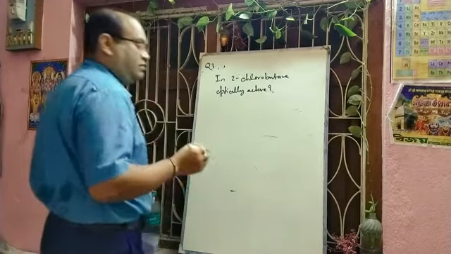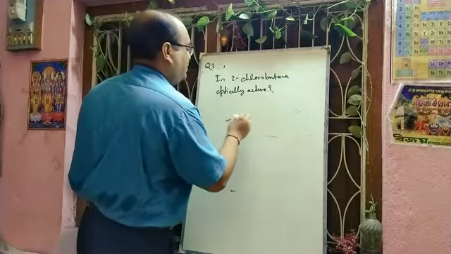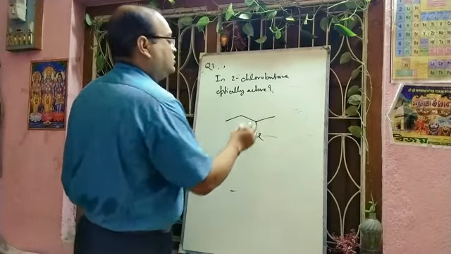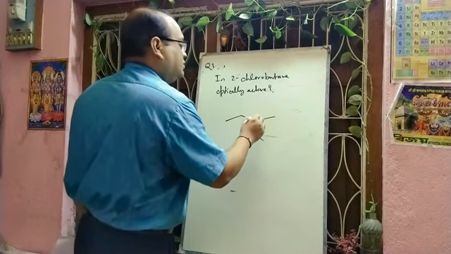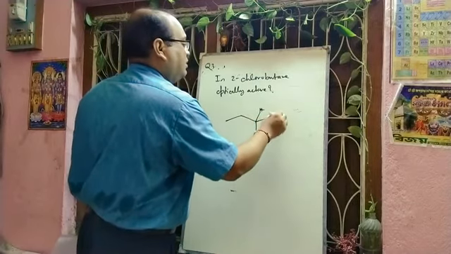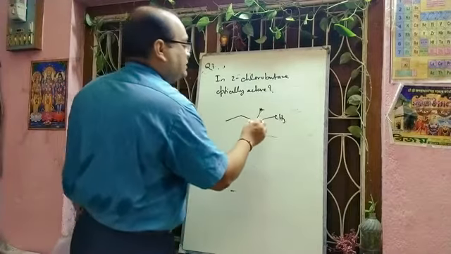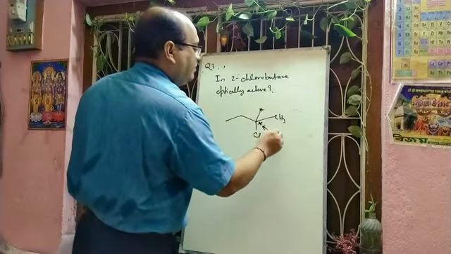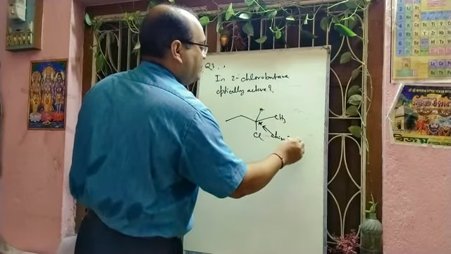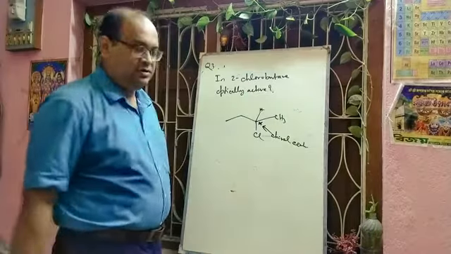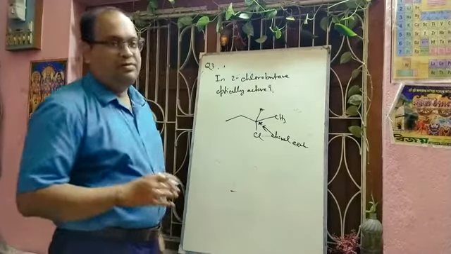So first you have to draw the structure. Here one chlorine is there. Now here definitely one hydrogen is also attached. Here one methyl group, and this one is the ethyl. So definitely this carbon is the chiral center, and this carbon is attached with four different groups. Definitely this compound will be optically active.